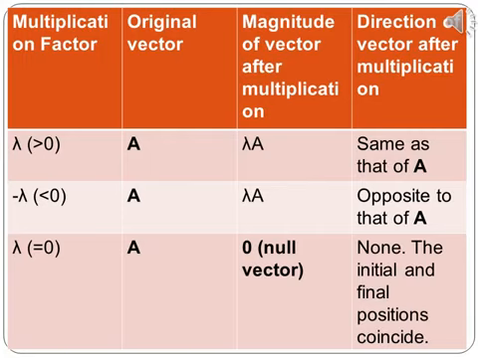In second case, if the multiplication factor is negative, that is, it is lower than 0, what should be the magnitude of the resultant vector?